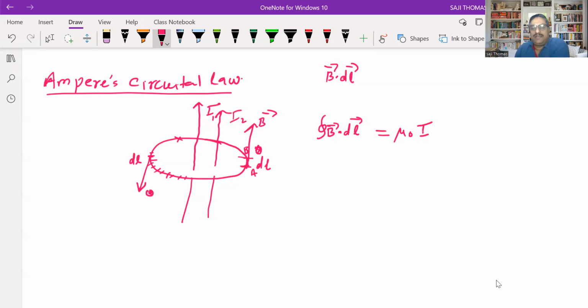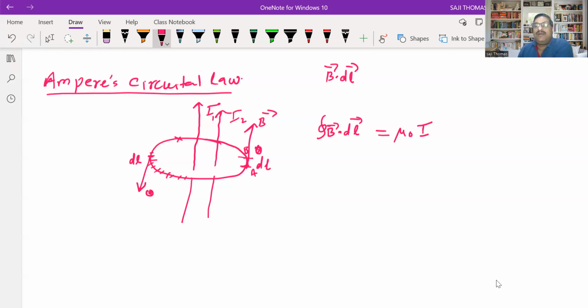I will give the statement. The line integral of the magnetic field around a closed loop is equal to mu0 times the total current or net current passing through the closed loop.